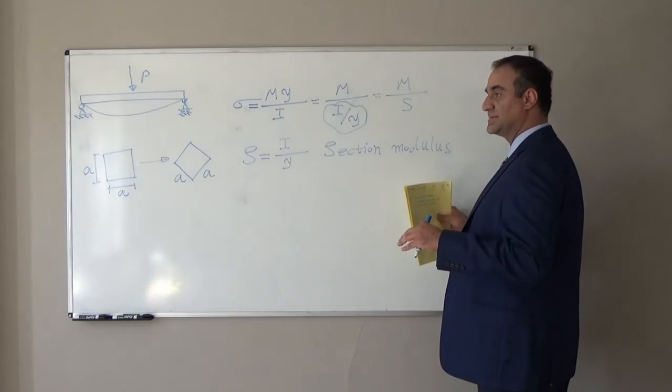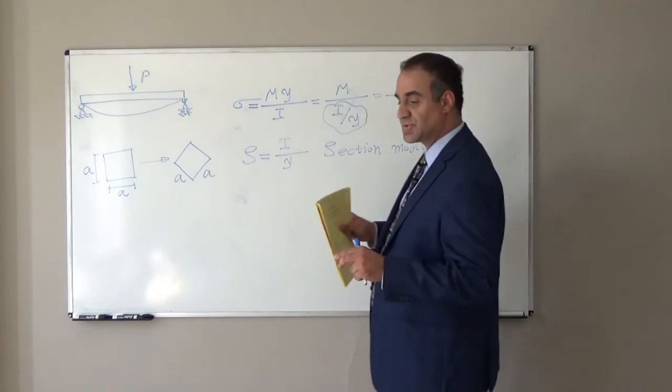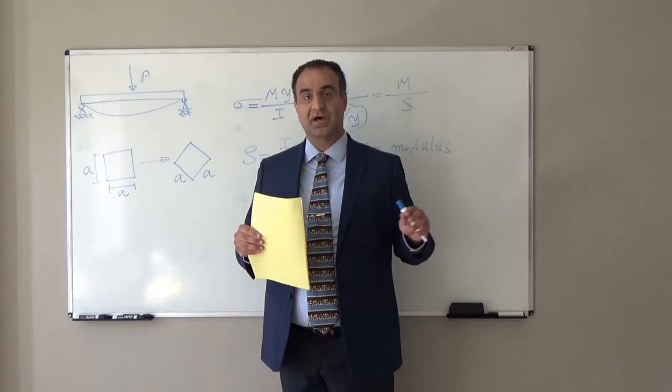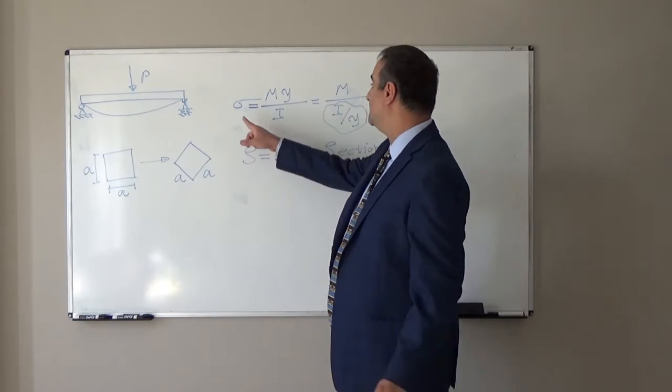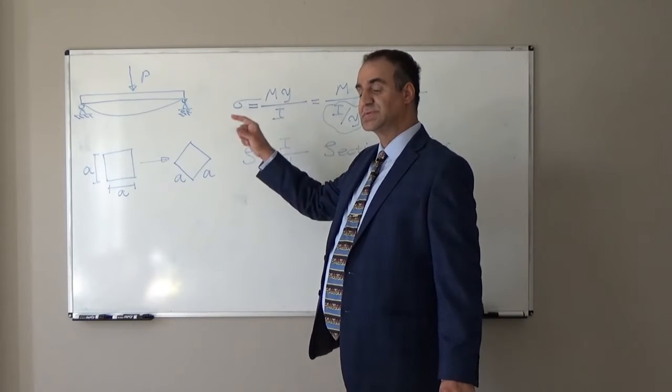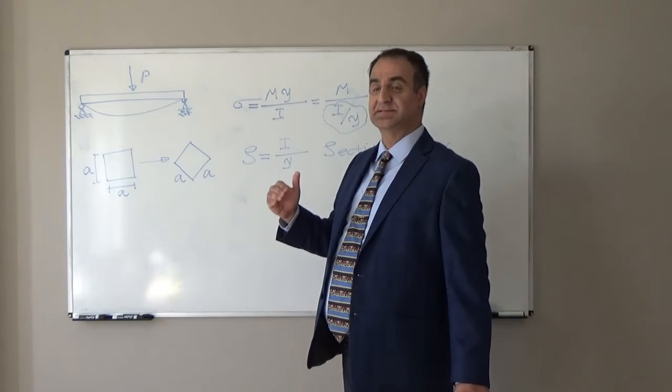We can increase the load, or the beam is stronger. In design we should try to minimize the bending stress, so we should produce less bending stress in the section.